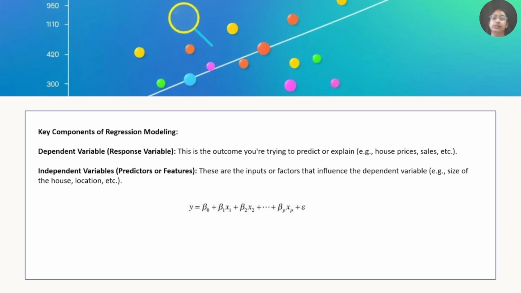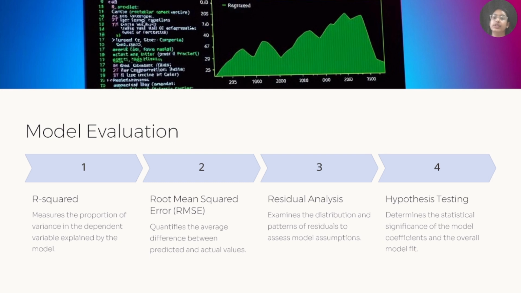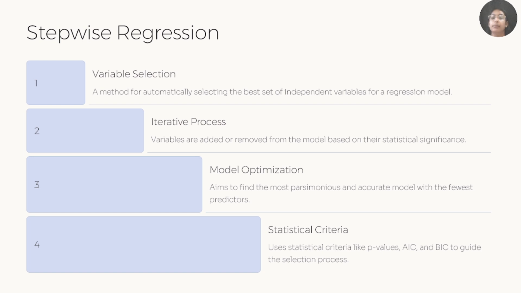So let's move on to the next slide, which is model evaluation. We have established multiple regression or simple regression, but how can we evaluate this model? It can be done by the R squared method, the root mean squared error method, the residual analysis method, or hypothesis testing. But how is stepwise regression done?